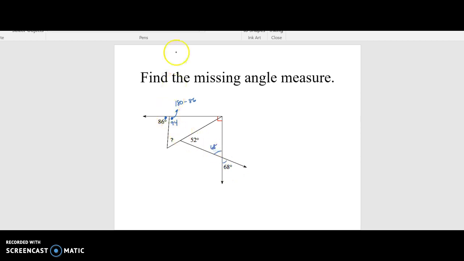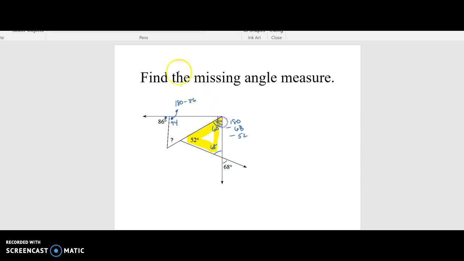So that's 68 degrees. Now I'm going to use this yellow triangle to find this angle here. And that's going to be 180 minus 68 minus 52, which would give you 60 degrees.